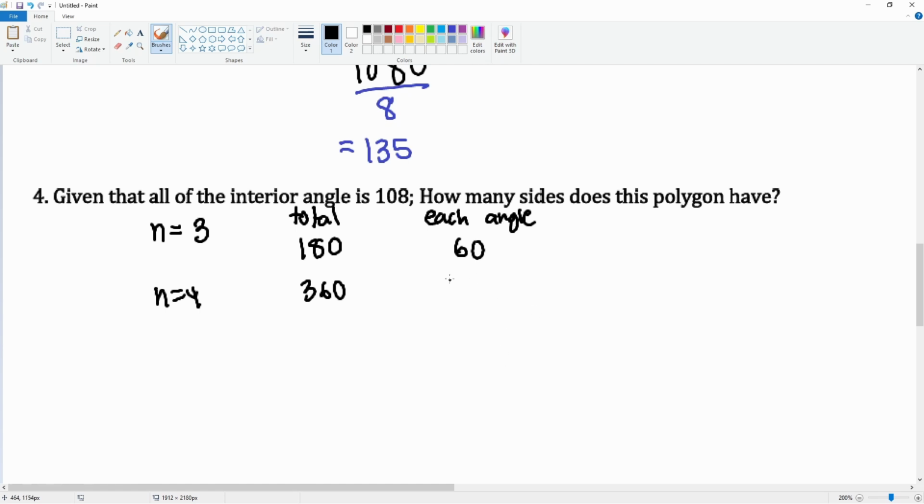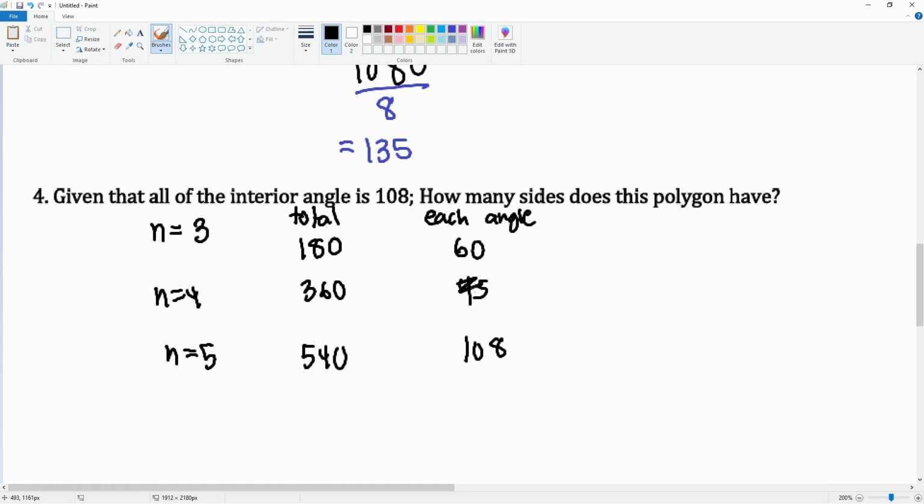Let's do n equals 5. That is 180 times 3, so 540, divided by 5. This gets you 108.